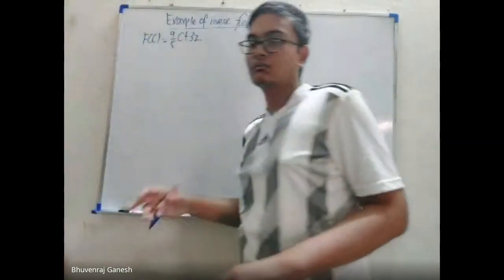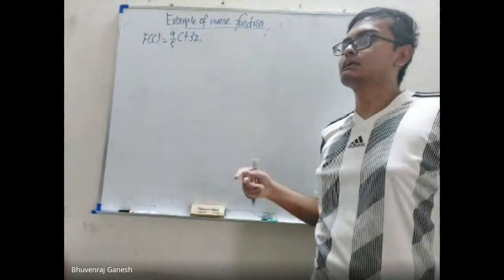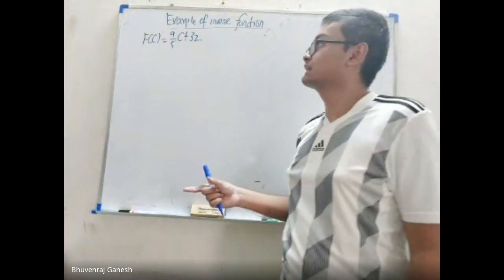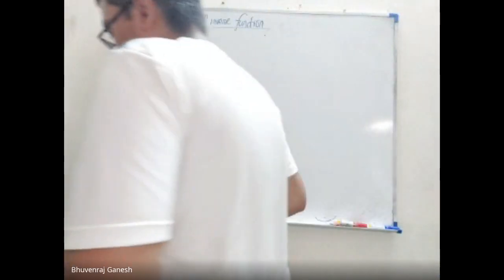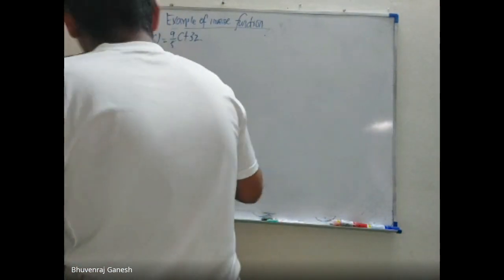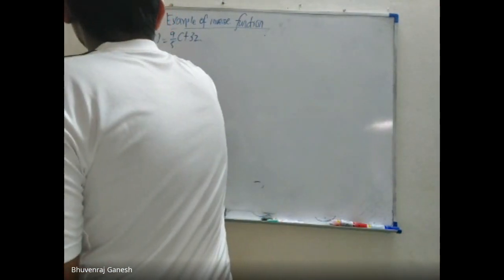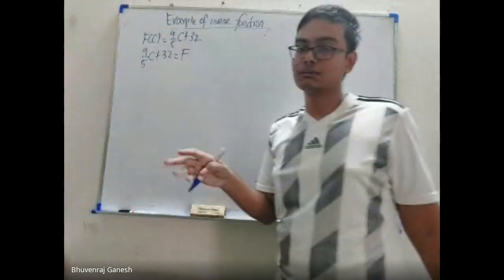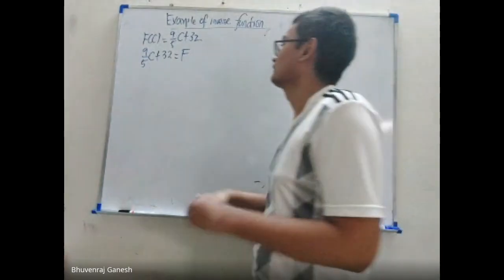Now I want to find out what is the temperature in degrees Celsius if Fahrenheit is given. Just now was the opposite, so we can do a bit of shifting here. Let's say I put 9 over 5 C plus 32 is F. I just take out the C to make the calculation simpler.